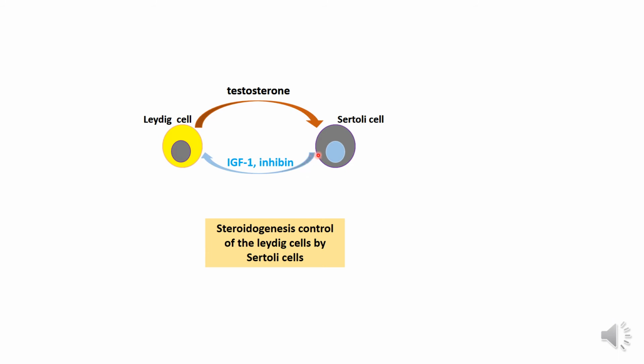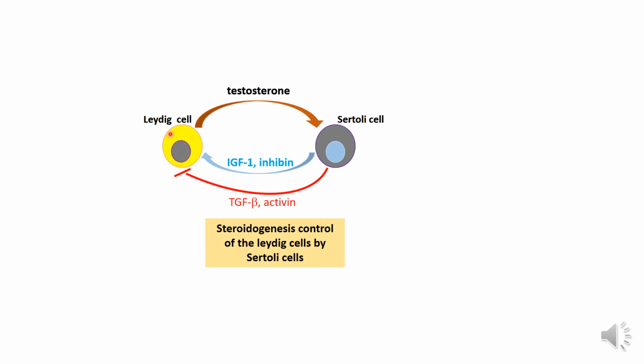And also the Sertoli cells can produce other factors like TGF-beta and activin, which exert a negative feedback or will inhibit the production of testosterone by the Leydig cells.